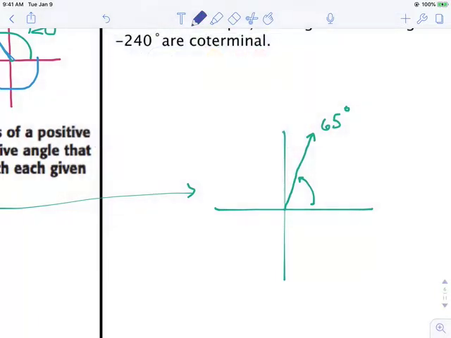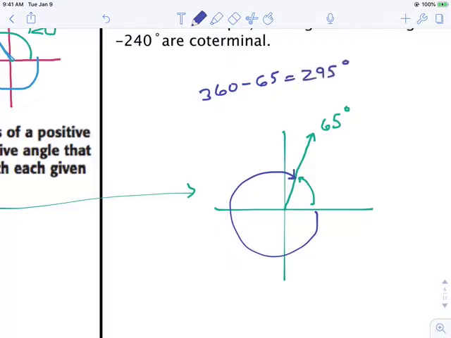Now, if you want to know what's the negative version, somebody tell me a quick way I can do that. 360 minus 65, that gives me 295, but then I need to make it negative, right? So negative 295 degrees will terminate in the same place.